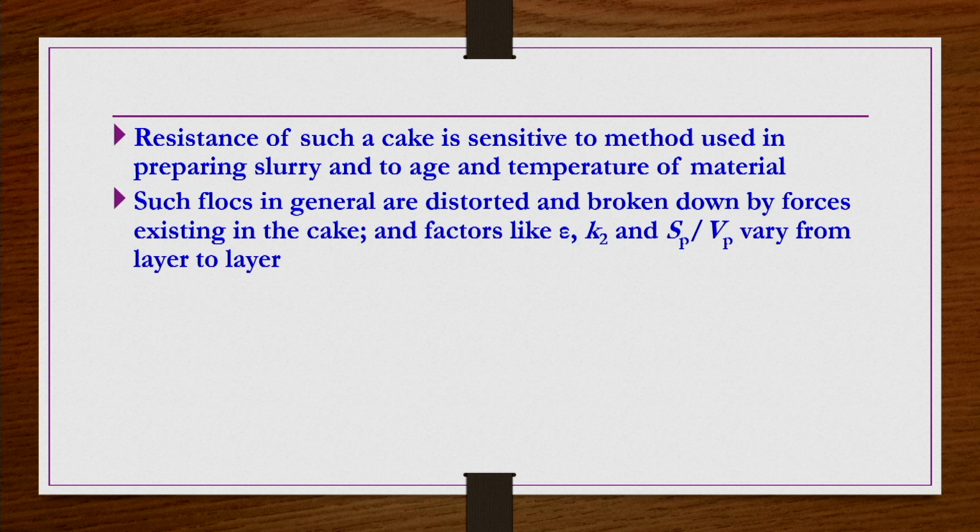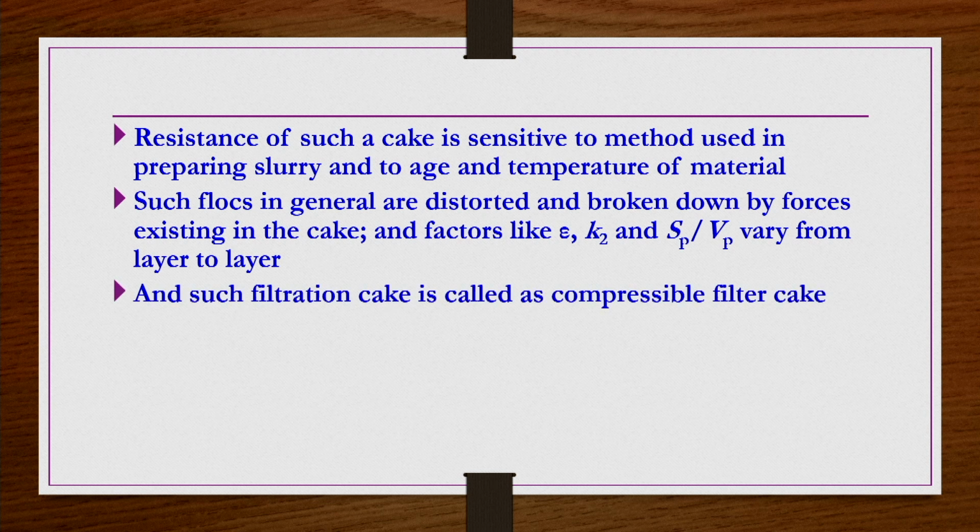Such flocs in general are distorted and broken down by forces existing in the cake, and factors like epsilon, K2, Sp by Vp in general vary from layer to layer. Because of that, the pressure drop is also going to be non-linear, and such a filtration cake is called a compressible filter cake, where the cake resistance is a function of pressure drop.